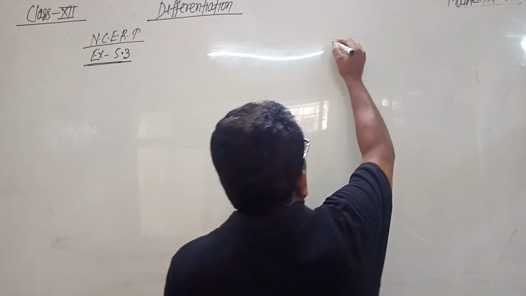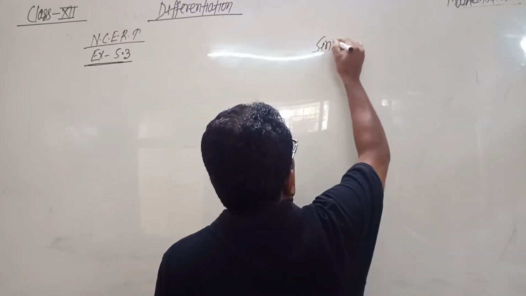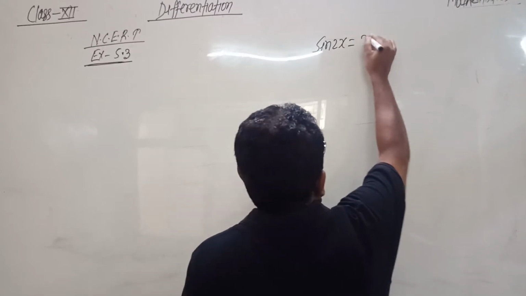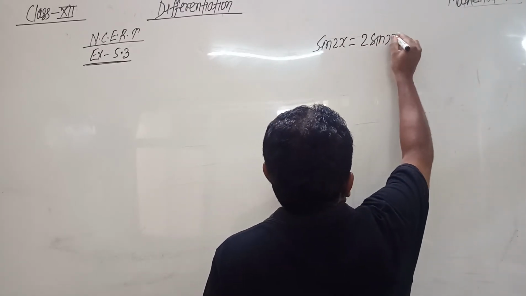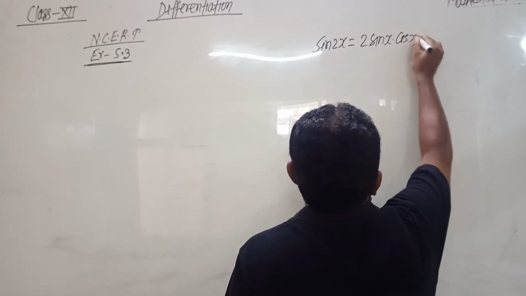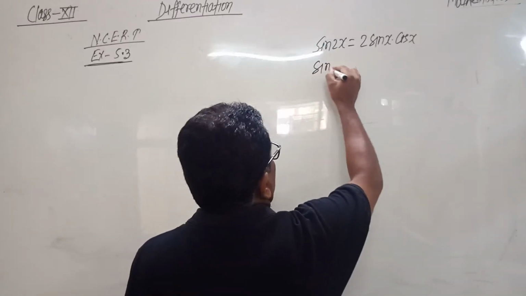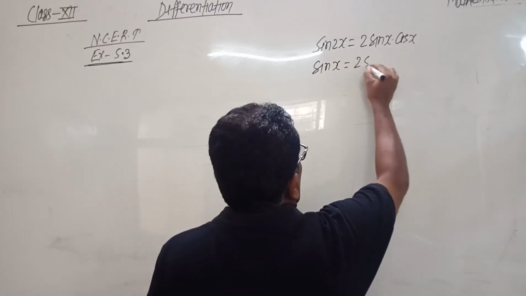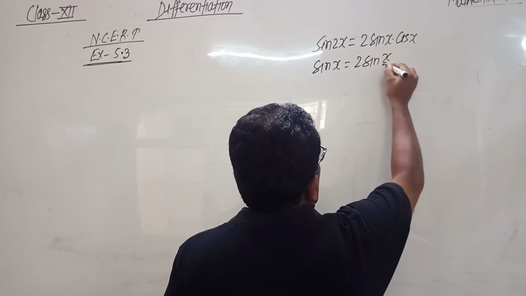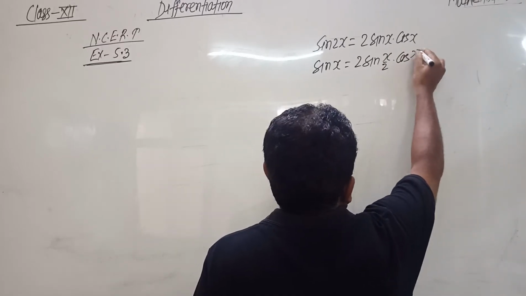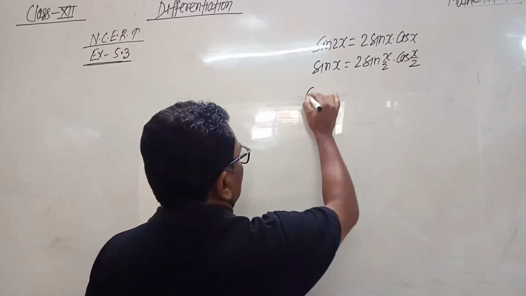Sin 2x is equal to 2 sin x into cos x. Sin x equals 2 sin x by 2 into cos x by 2.